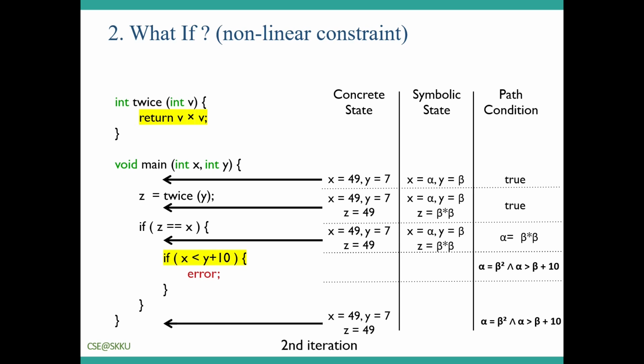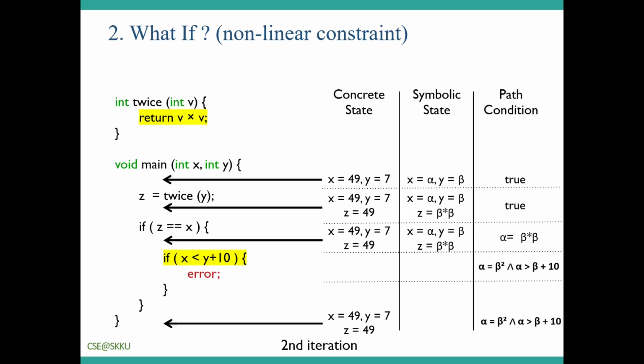This time, let's examine the limitations of concolic testing. So in this modified example, the key difference is that the second branch condition has been negated compared to the previous toy code. Now using the same concrete input values, x equals 49 and y equals 7, we run concolic testing.